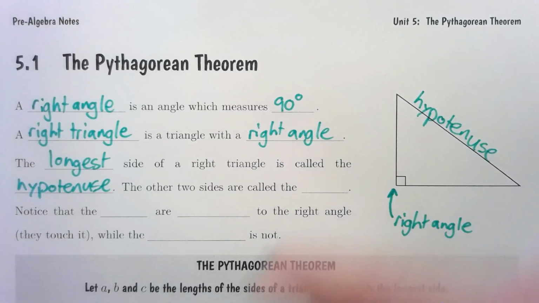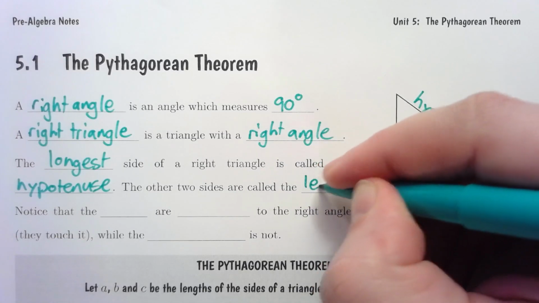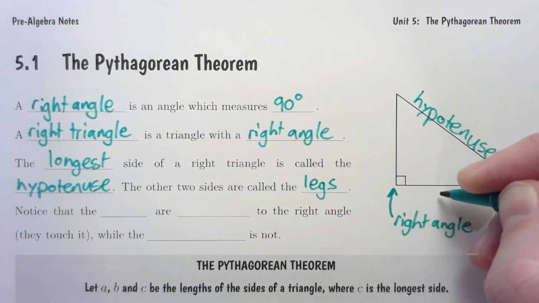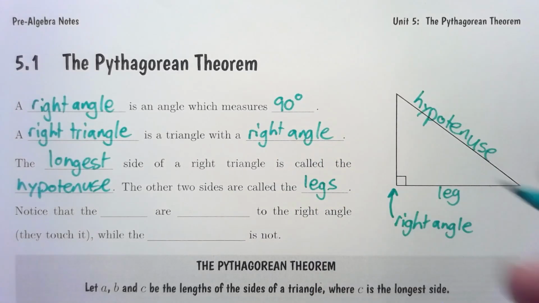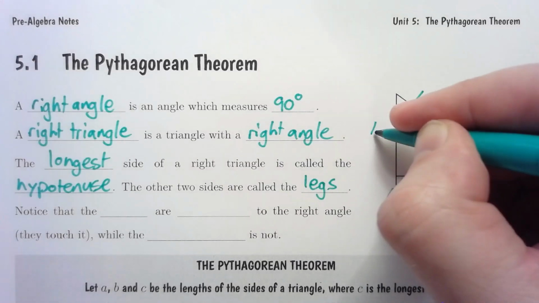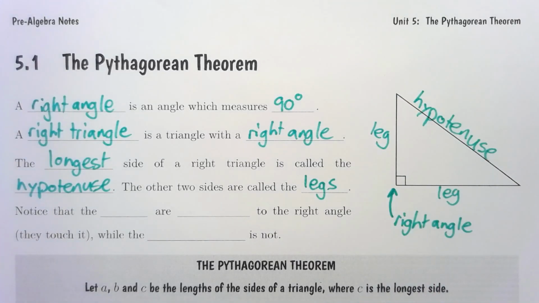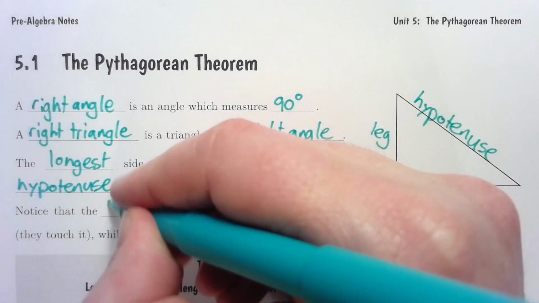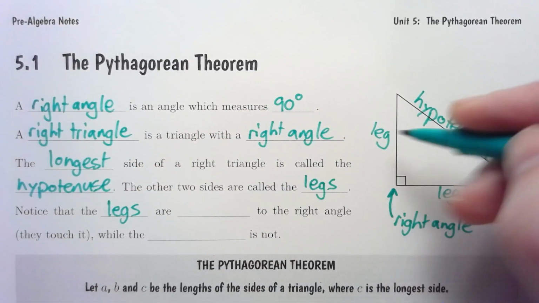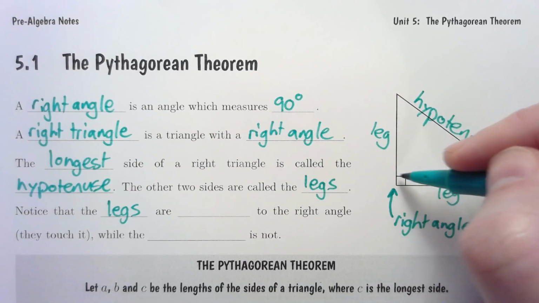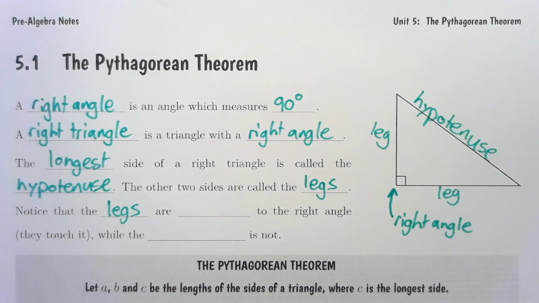Now the other two sides we're going to call legs. So here I have a leg and then I have my other leg. Now notice in this case that the legs are the ones next to or attached to our right angle.